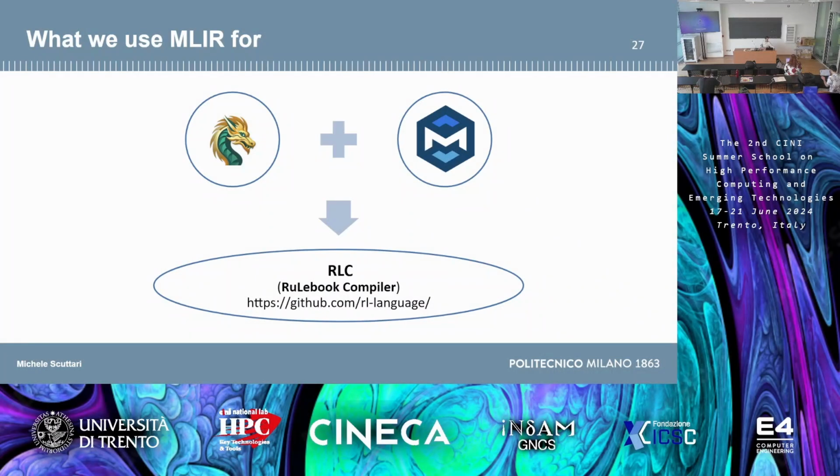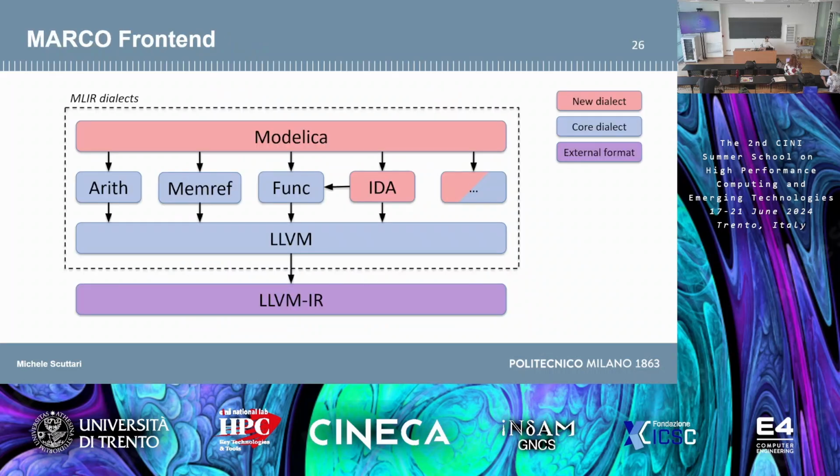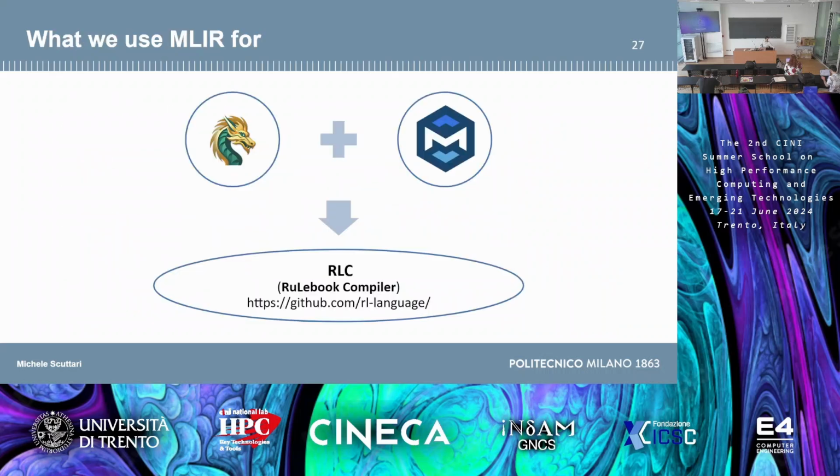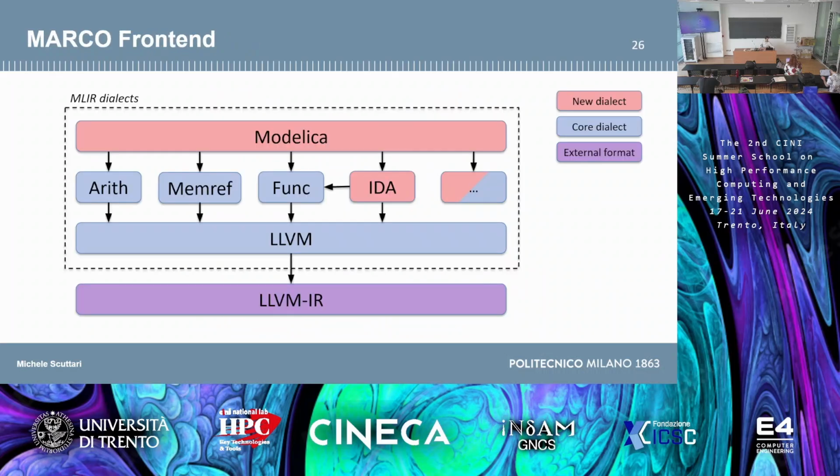So as we saw before, in the past I worked on the Modelica compiler too. It was kind of a group effort, and the lessons learned from the Modelica compiler, we then applied to RLC. And RLC is a new language. In the case of Modelica, we had very large constraints about what we could do.